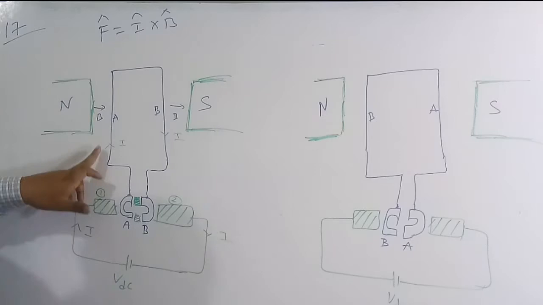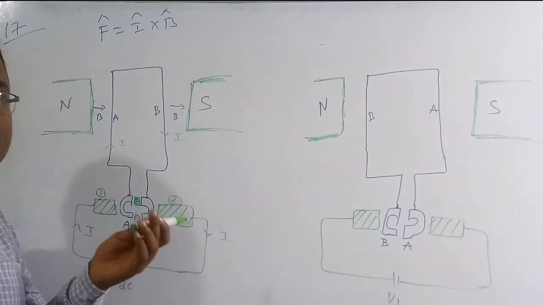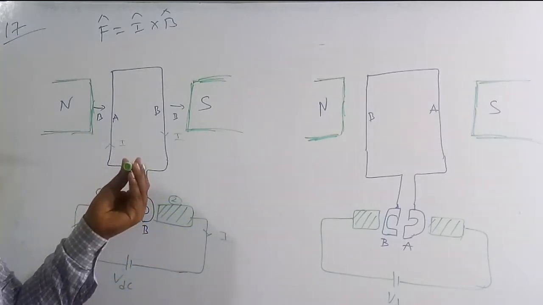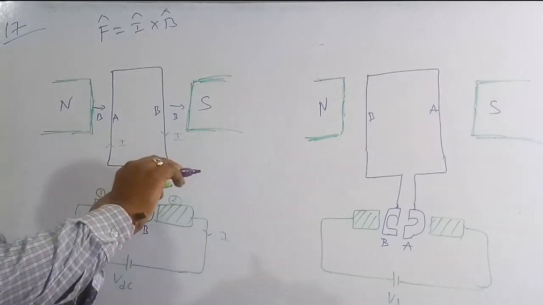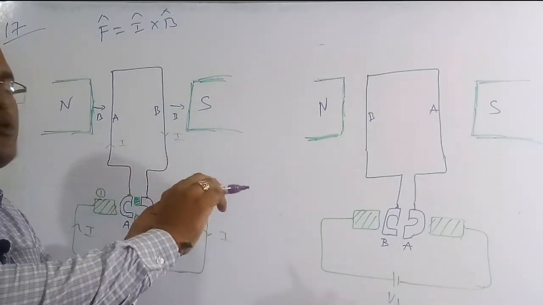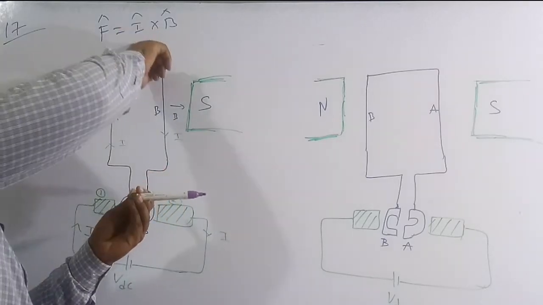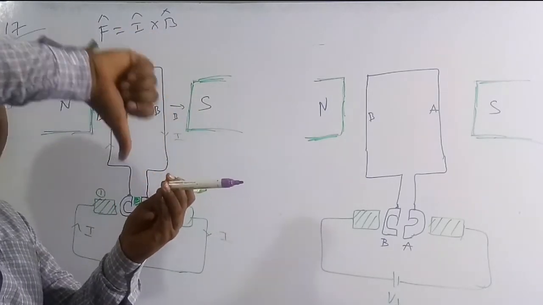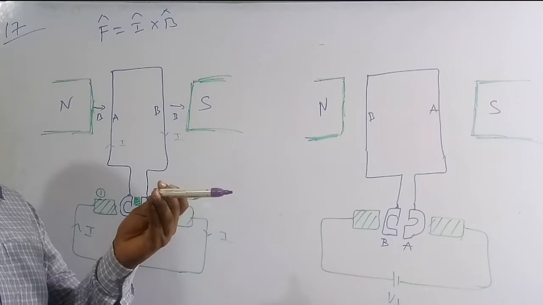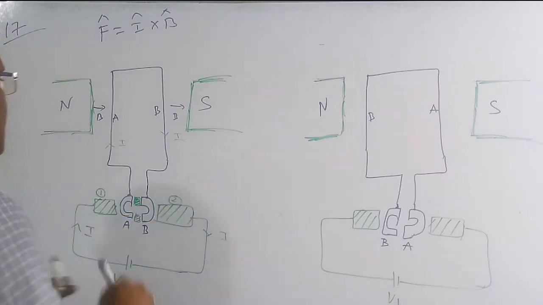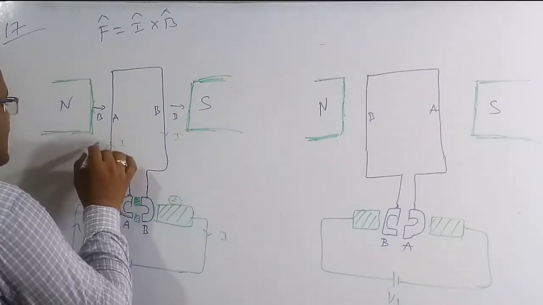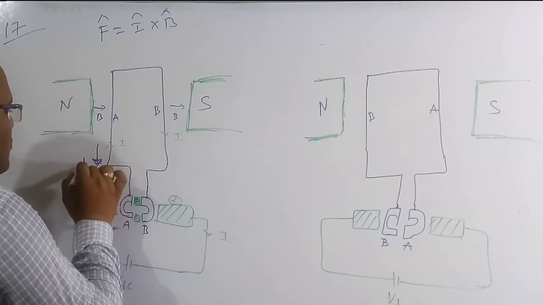The current here is going inside and the magnetic field is in this direction. If you take the cross product, the thumb points downward. Therefore on this connector the force will be in the downward direction.